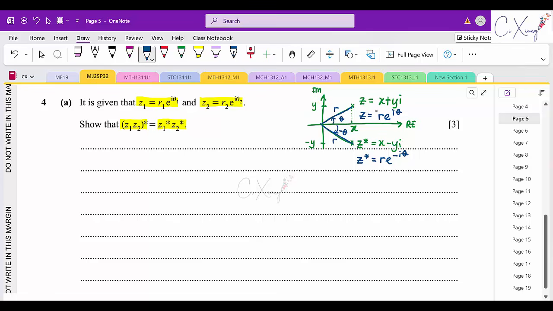So this is how we write out z in Cartesian and also the exponential form. The other one will be z conjugate in Cartesian and also the exponential form. So theta becomes negative theta because we measure in the clockwise direction.